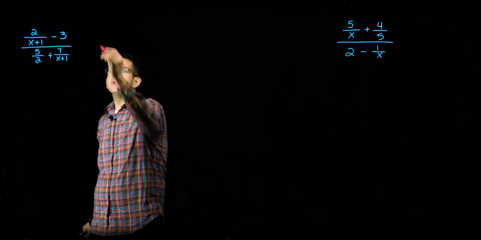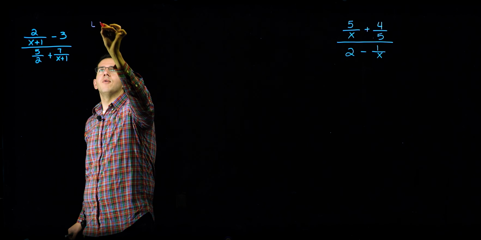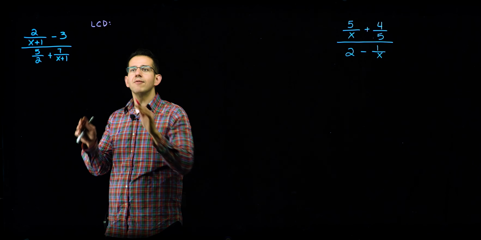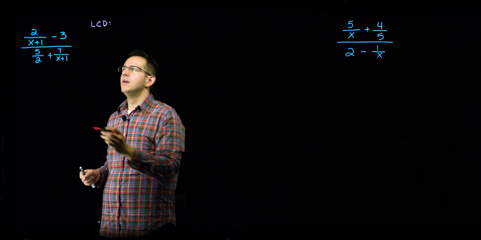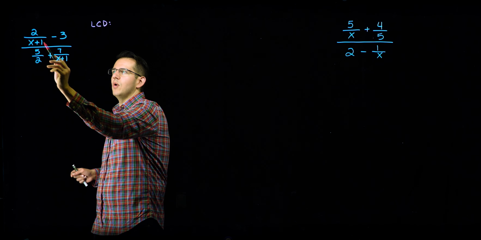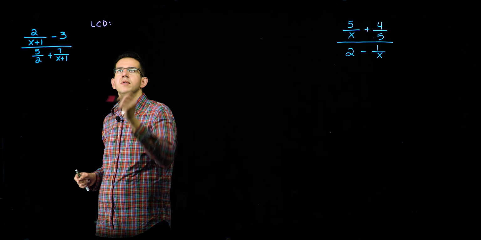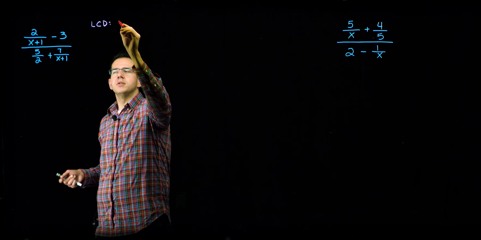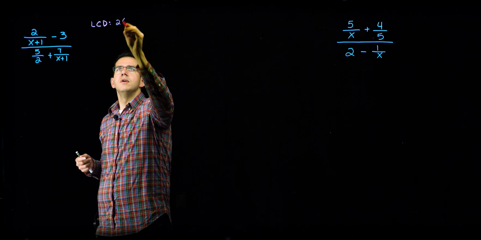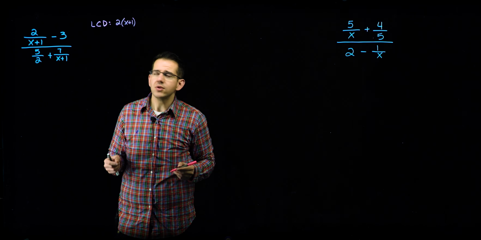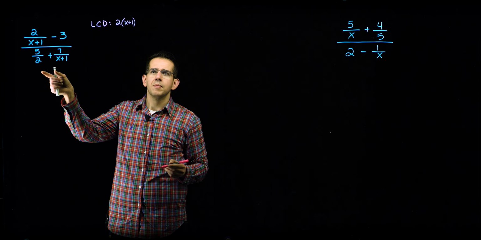So all we have to do is start by finding our LCD, our least common denominator, between every inner fraction. In this case we have x plus 1, 2, and x plus 1. So our least common denominator between all of those is 2 times x plus 1. We don't have to include repeats.